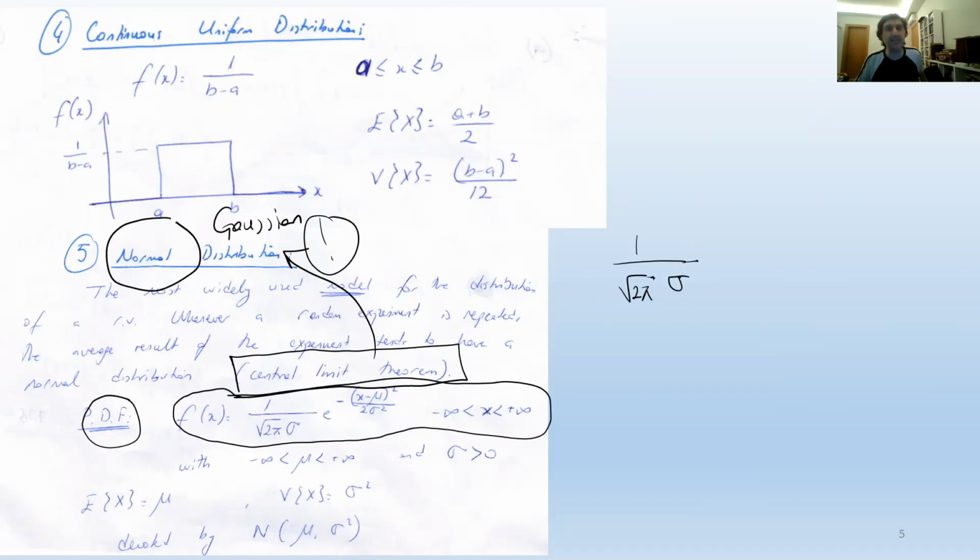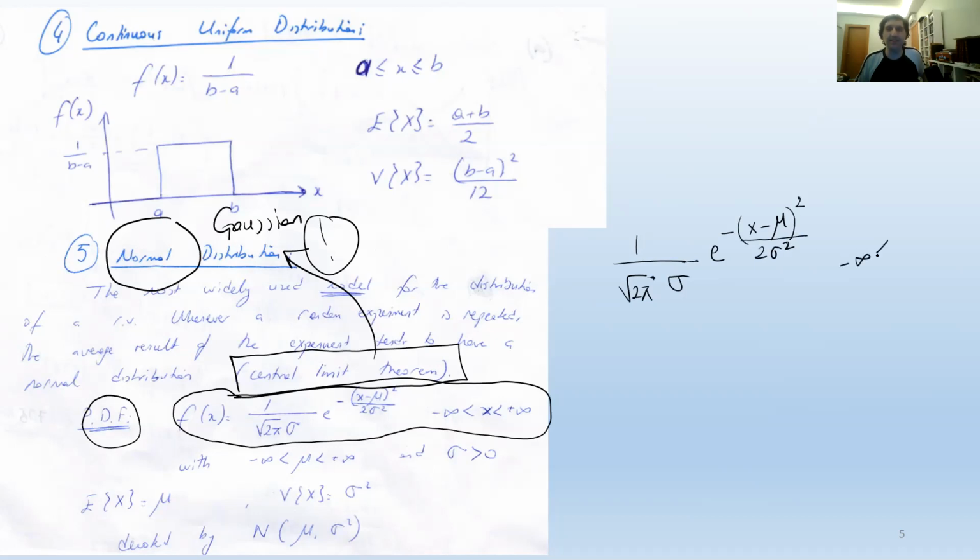Note that this sigma will correspond to the standard deviation, but do not take it as standard deviation yet. x, the random variable that we are interested in, is subtracted by mu, which corresponds to the expected value. However, again, do not think about it as the expectation operator yet. Just take it as a parameter, and divide it by 2 sigma squared.